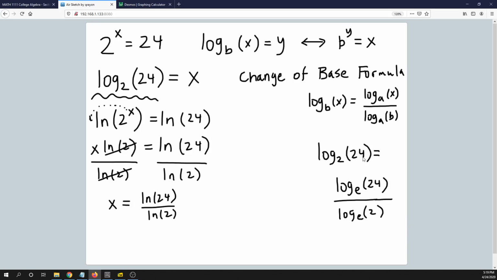So log base 2 of 24 would be log base e of 24 divided by log base e of 2. Right, and remember log base e is just the ln, right? So this would be ln of 24 over ln 2. Okay. And so you can see that that's exactly the same answer we got by doing it this way.